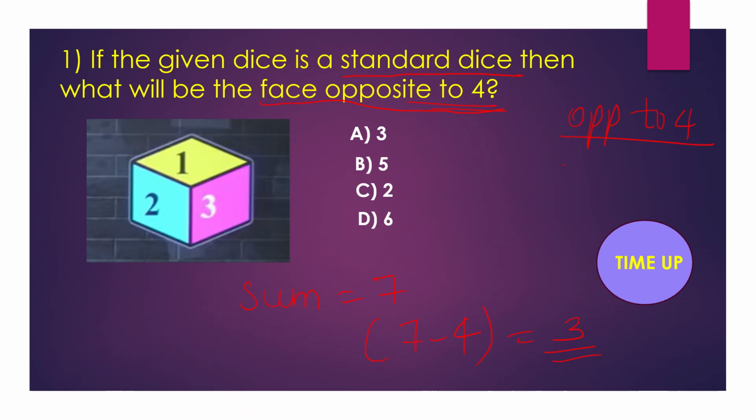So 4 plus 3 when I do, I'll get 7 as the answer. Then it becomes a standard dice because the sum of opposite numbers 4 plus 3 is 7, correct? So opposite to 4 will be what? 3, right?